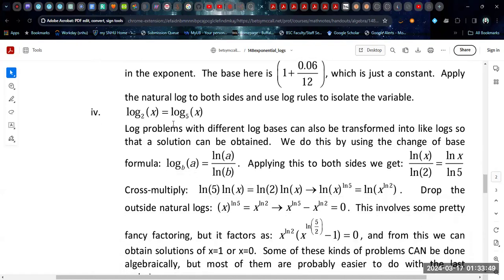Now, if the logs are of different bases, then we can use our change of base formula in order to get them into a form that is easier for us to work with.